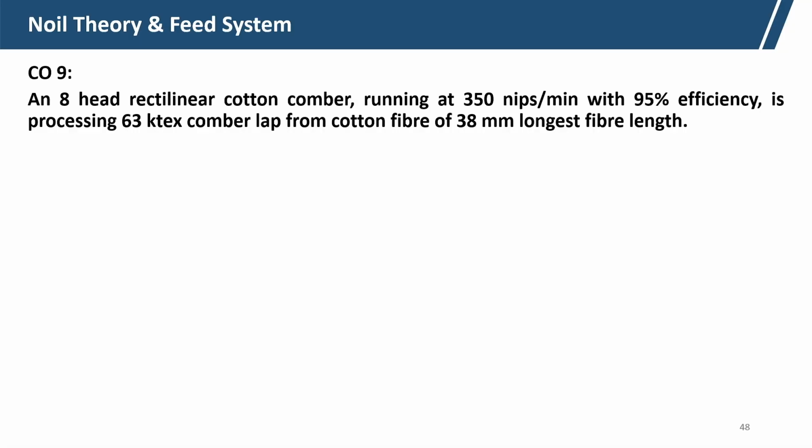Now, another numerical: an 8 head rectilinear cotton comber running at 350 nips per minute speed with 95% efficiency is processing 63 kilotex comber lap from cotton of 38 millimeter longest fiber. So, running speed is given, efficiency is given, and feed lap kilotex is given.